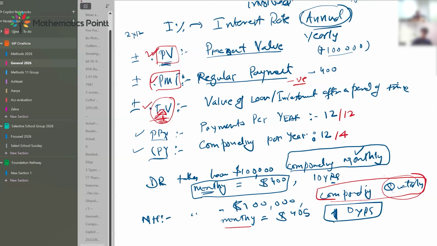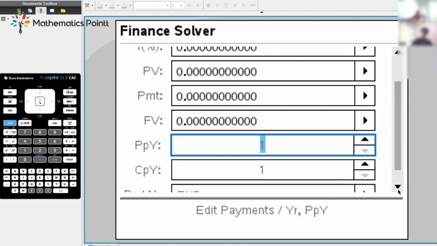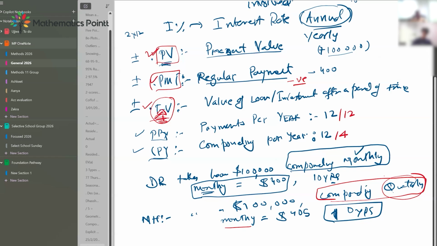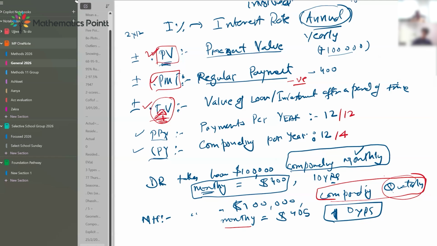All good? And last but not the least, if you look at it, is called PMT At, the payment PMT At. This will always be set to end.